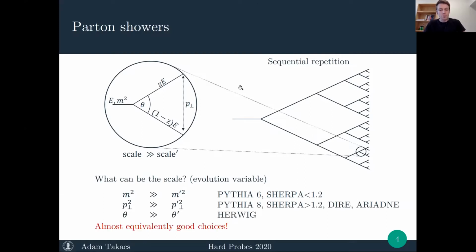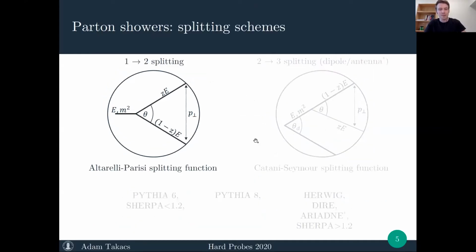Or in some other cases, people use angle as an ordering variable because of the knowledge about the soft gluon radiation. But all in all, they are almost equivalently good choices, and that's why we have different parton showers with different ordering variables. Another thing you can choose is the way of treating splittings.